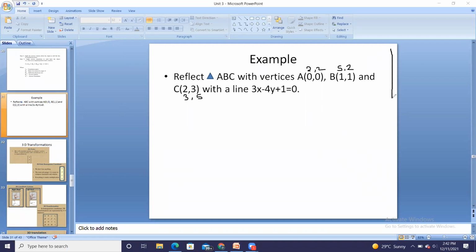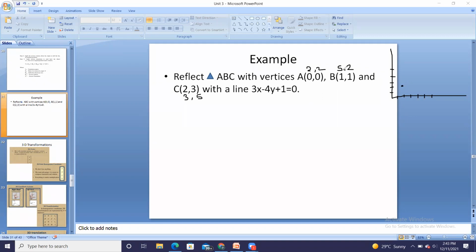So now I will draw again. Okay. So first point is (2, 2). So 2 and 2 somewhere over here.